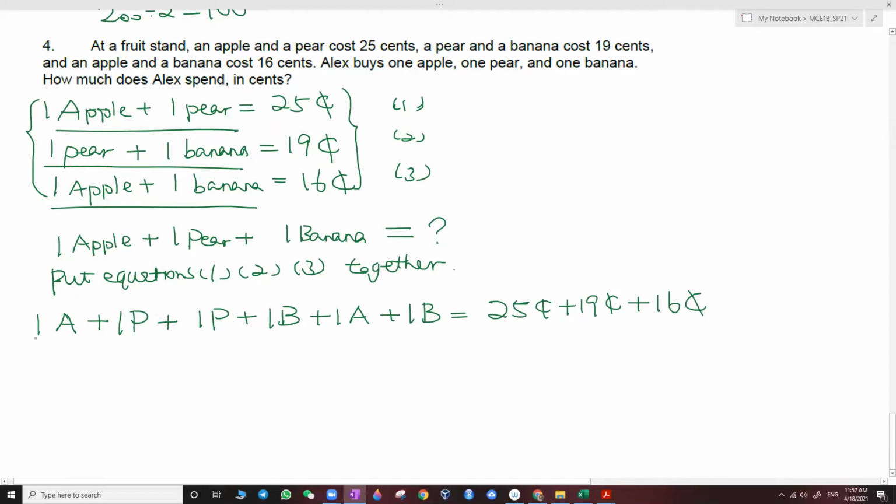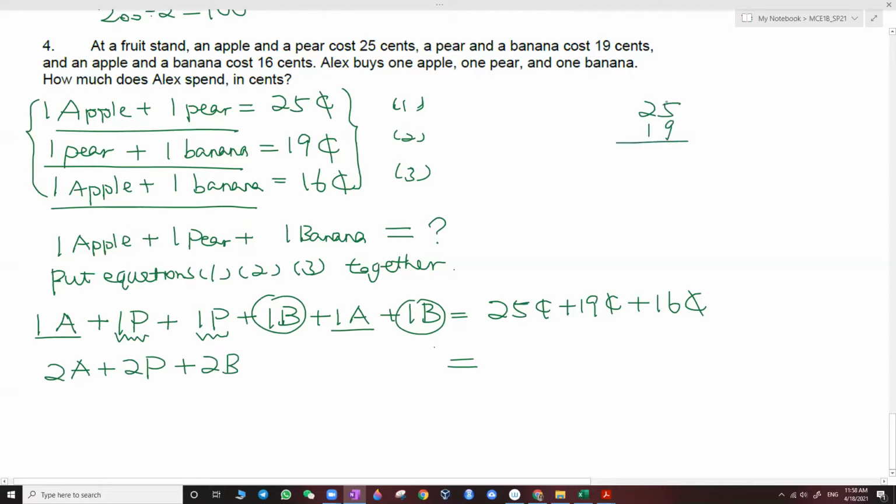Now let's see. How many apples do we have here, versus how many pears, versus how many bananas? We have 2 apples, 2 pears, and 2 bananas. This is my left side. It equals 25 plus 19, that's 44.